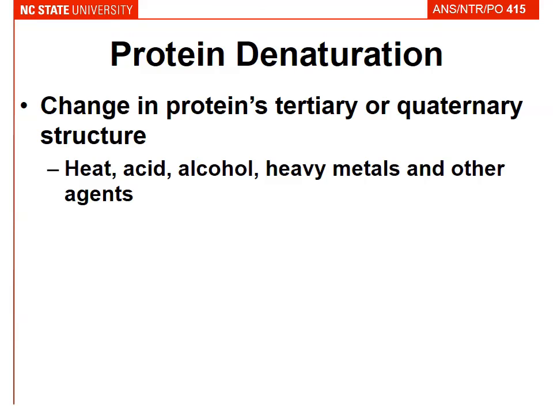Acids, alcohols, heavy metals, so lead poisoning, mercury poisoning, those are heavy metals that are denaturing the protein. And then you have some other agents that also can denature protein. But it is interesting, so it was always thought that once protein was denatured, it couldn't be fixed. But Dr. Weiss's research looks like we could potentially move to fixing some of these denaturations.